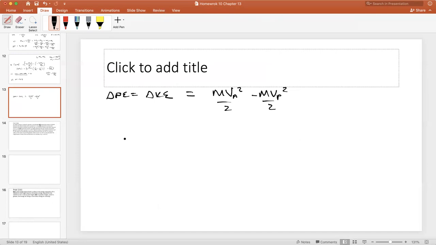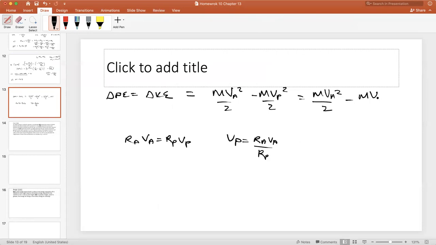Second, we know from RA vA equals RP vP, so vP is RA vA over RP. So this is m vA squared over 2 minus m vA squared over 2 times RA over RP squared.